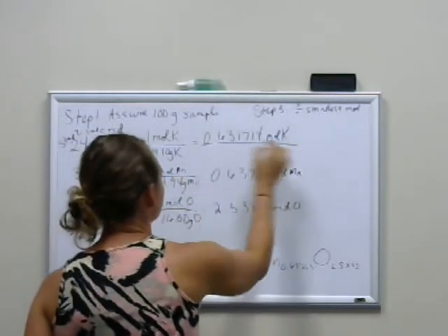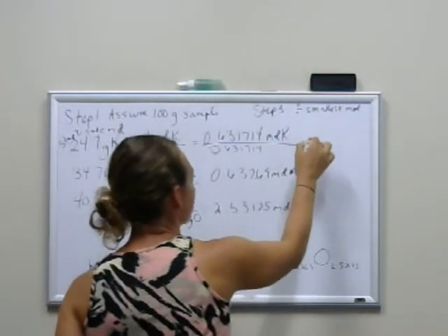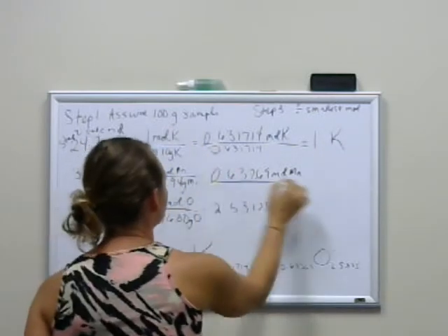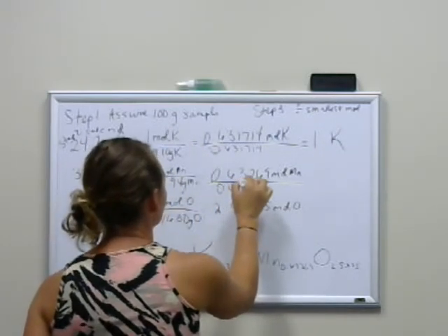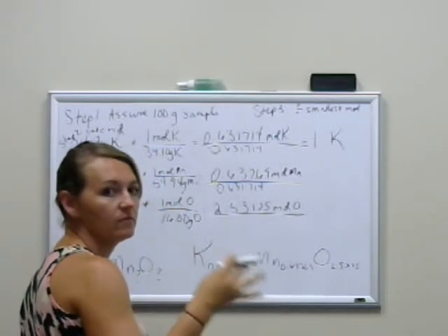Okay, if I divide this number by 0.631714, which is the smallest, I'm going to get 1 potassium. I'm going to divide this number by 0.631714. To not change the ratio, I have to divide all of them by the same number.